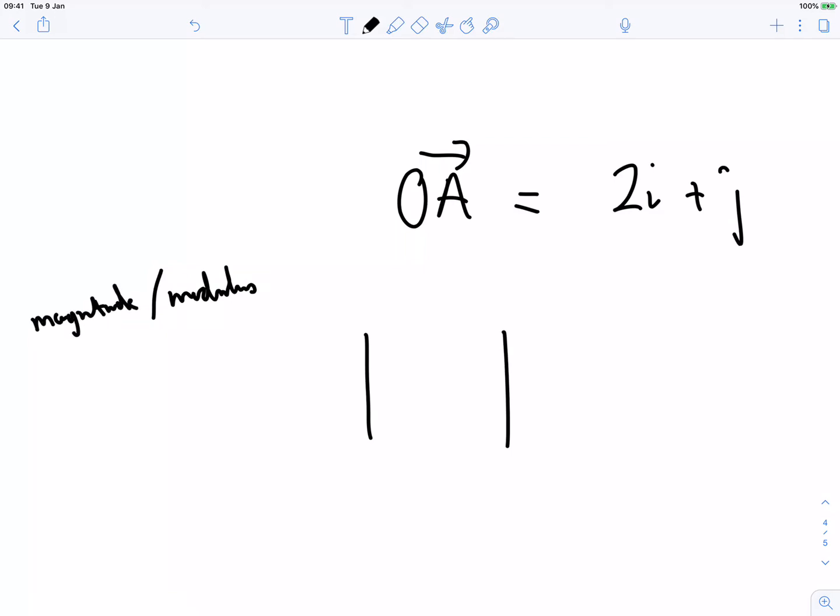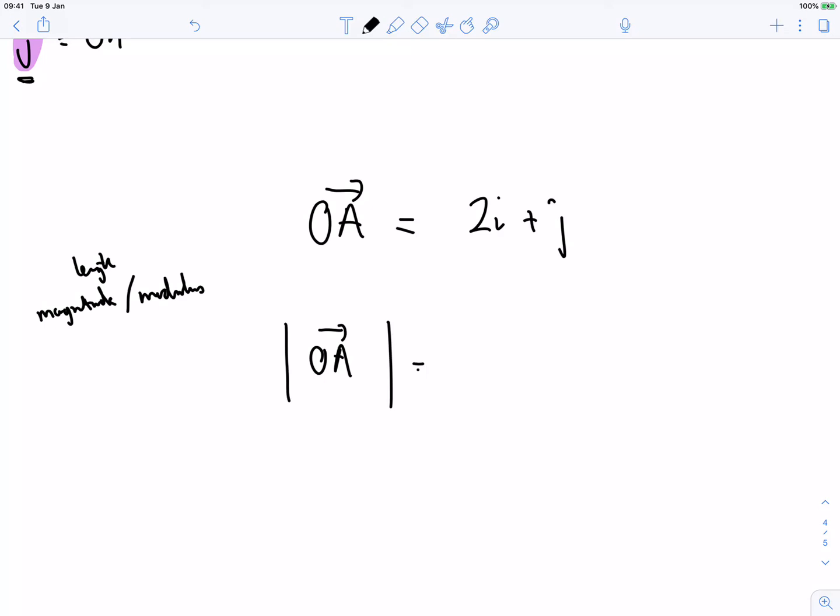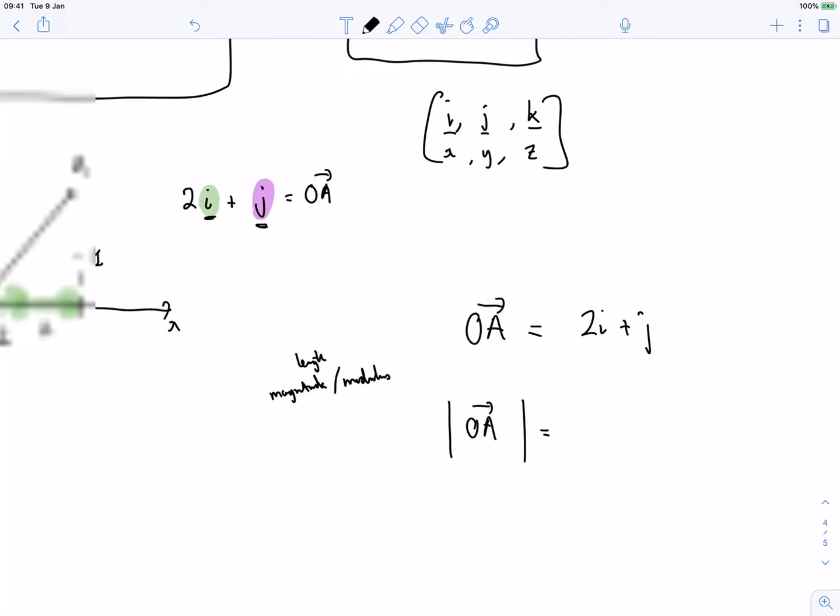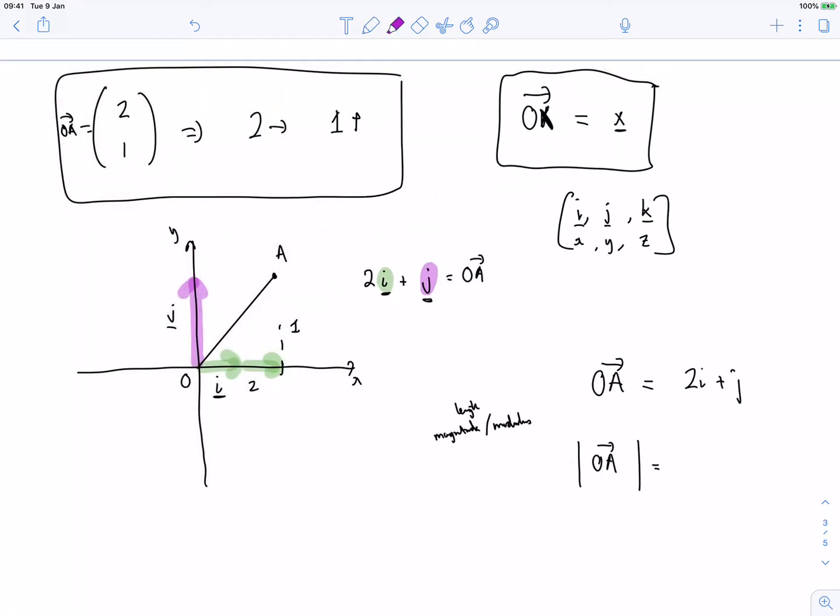Okay, and it's the absolute length or value of the vector. So if I had mod of OA, is how we'd say it, or the magnitude of OA, essentially what we're trying to say is this modulus of OA is the total length of the vector.